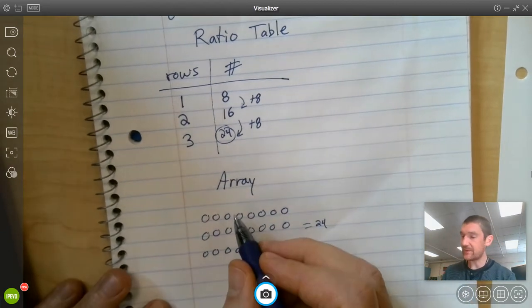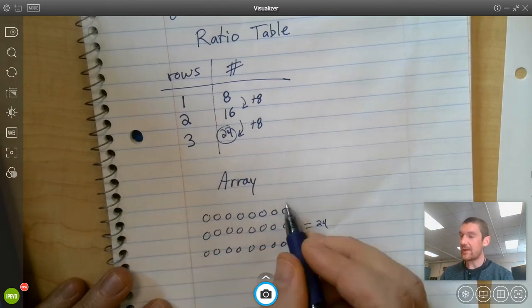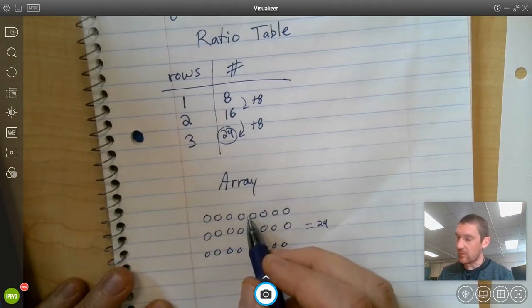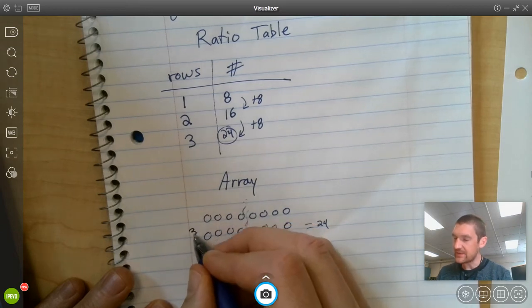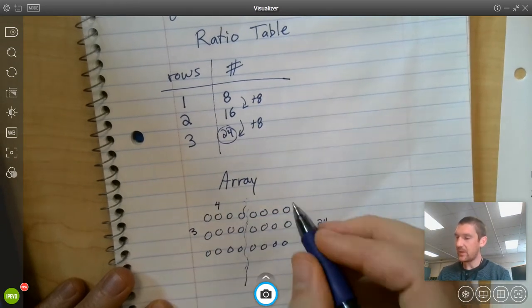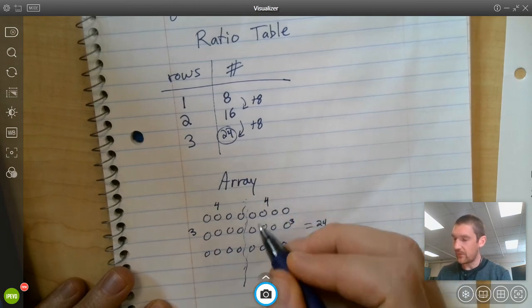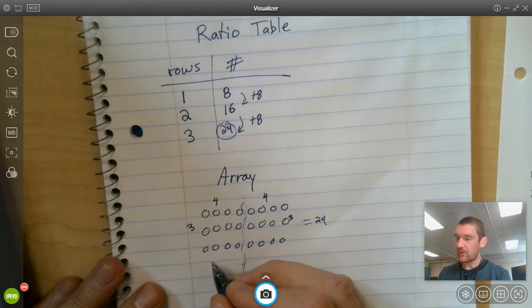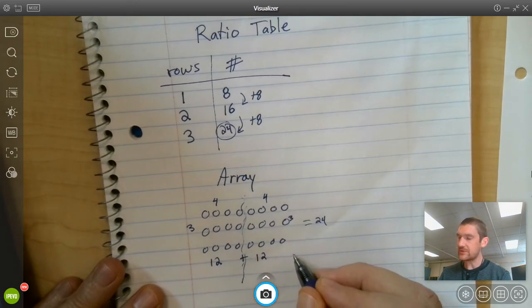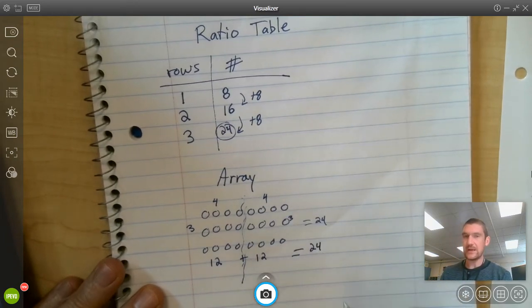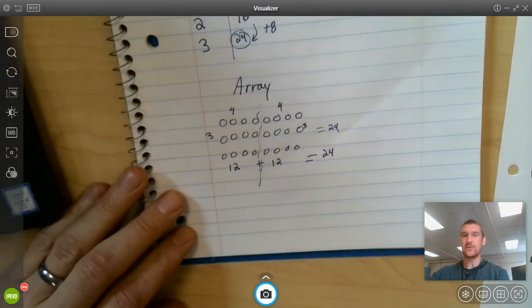You could also think about this, instead of 3 by 8, I'm going to split that 8 down the middle here and think of this as 3 groups of 4 and another 3 groups of 4. So 3 groups of 4 is 12. Another 3 groups of 4 is 12 more. You could add those together and get 24. That's another way to look at this array.